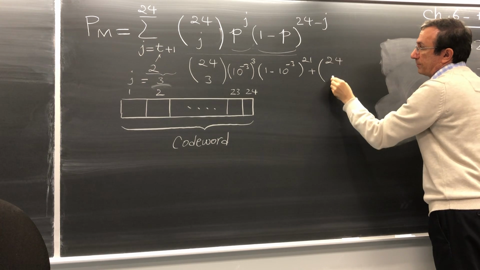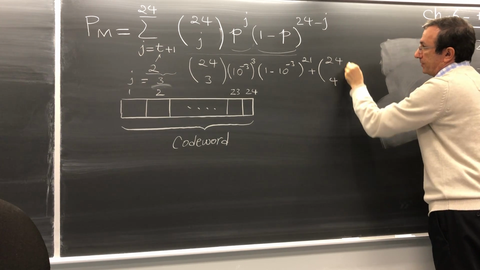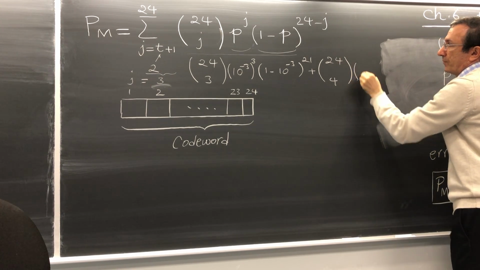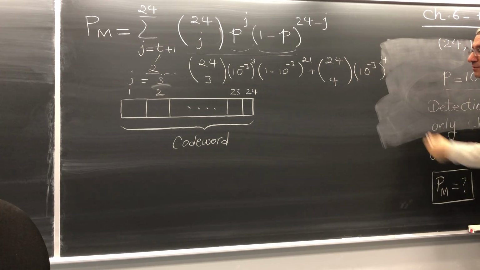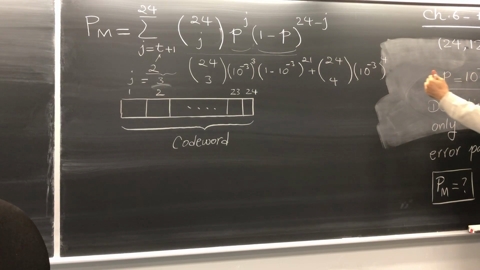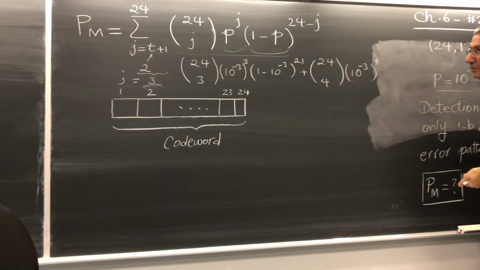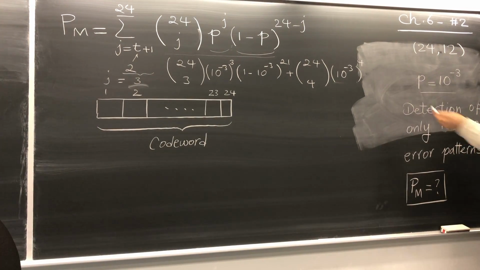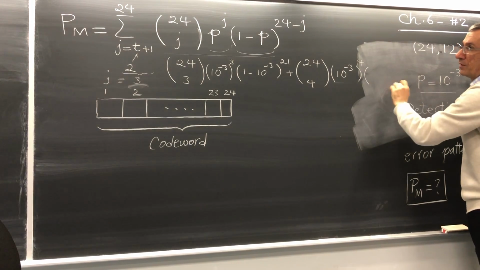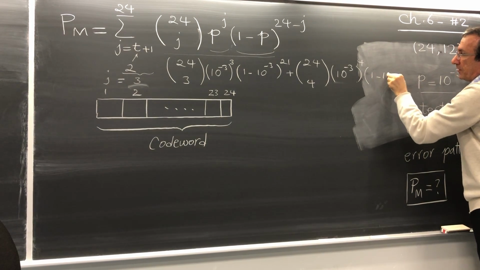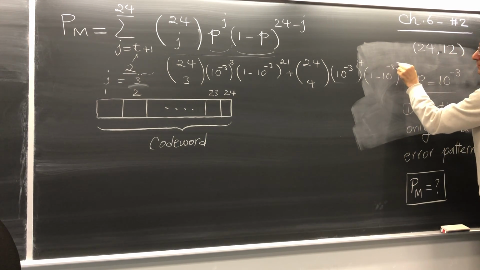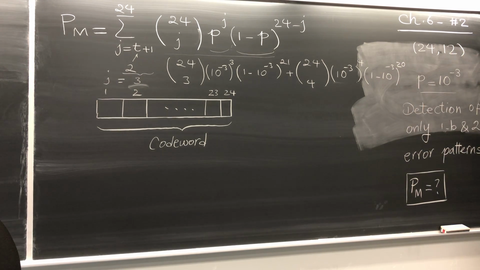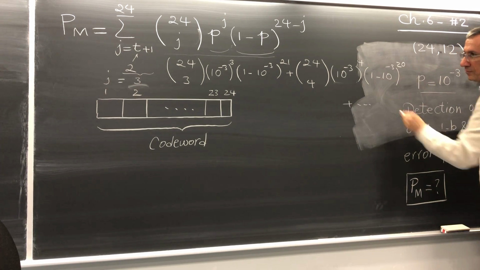Then the probability of the occurrence of 4 bits of error. This would be the probability of the occurrence of 4 bits in error at the same time, times the probability of correct reception of the other 20 bits, right?